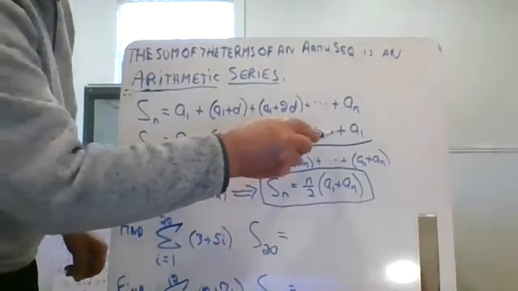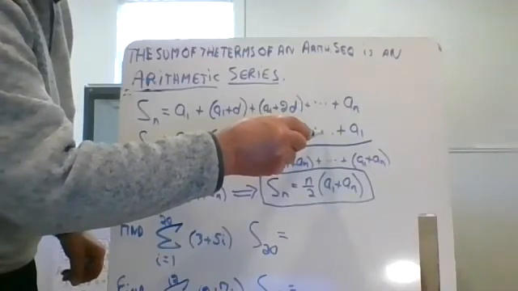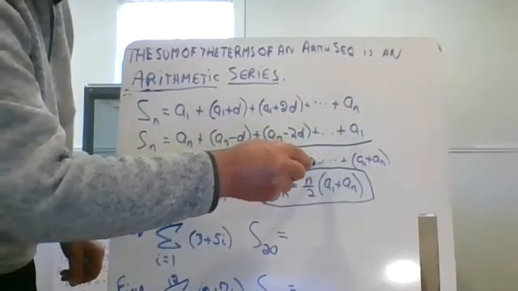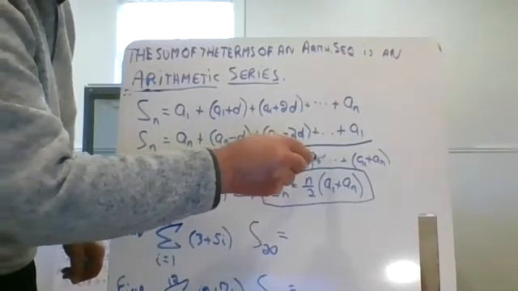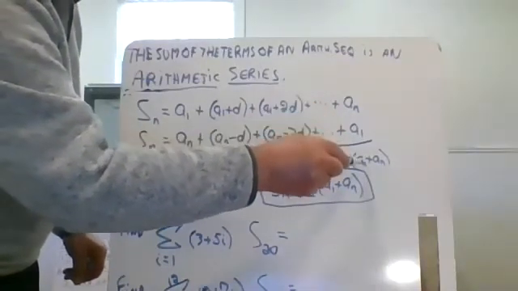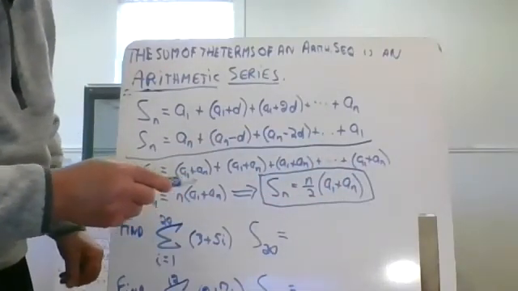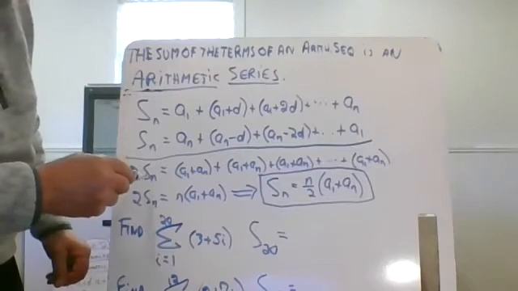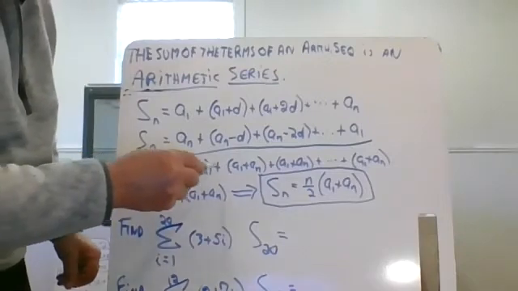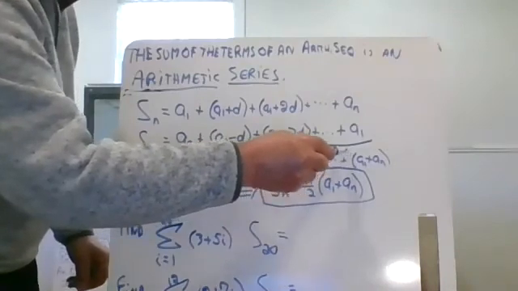And you keep going like this, plus 3D and minus 3D. You get another A sub 1 plus A sub n, all the way down the line. The last one would be A sub 1 plus A sub n. And so now 2 S sub n equals the sum of these A1 plus A sub n's.